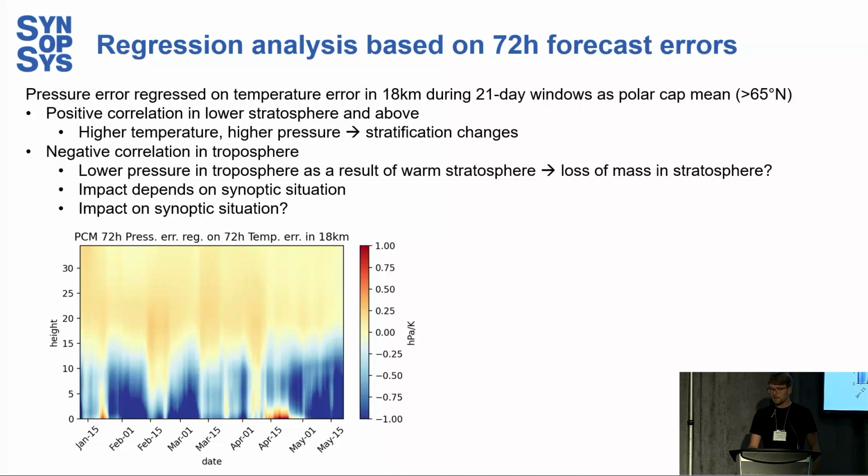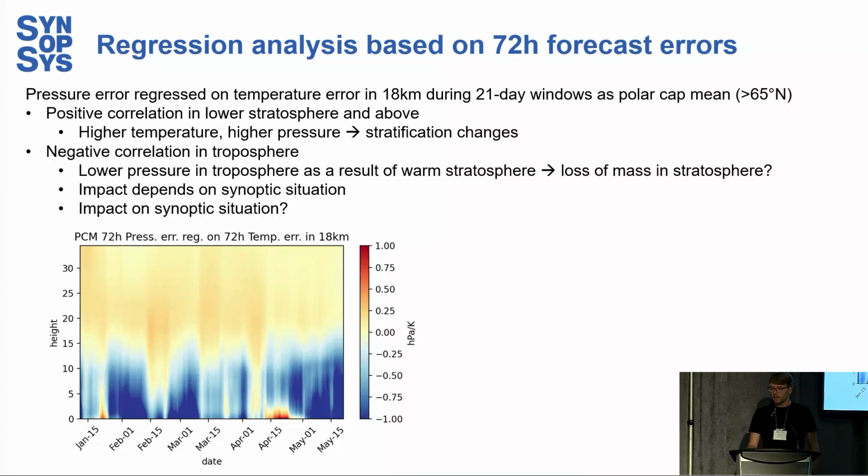So what I did then, a very simple thing, I created a temperature index for this 18-kilometer area, the whole polar cap north of 65 degrees north, and did a correlation analysis, or regression analysis, between this temperature index and the pressure for the whole column, also averaged for the whole polar cap. So, a very broad view on these things, basically.